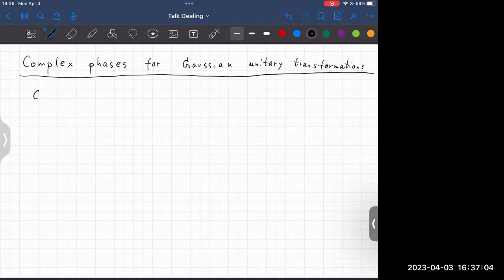So we consider one bosonic degree of freedom.